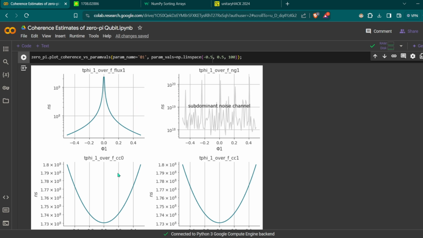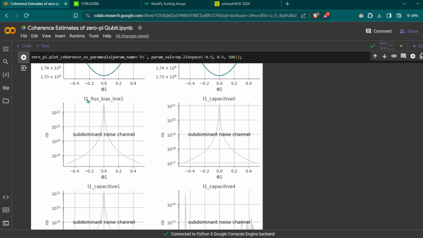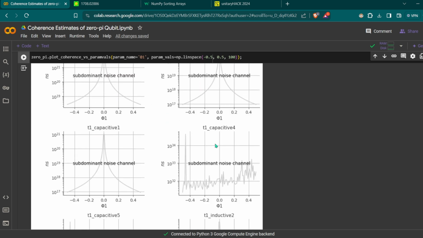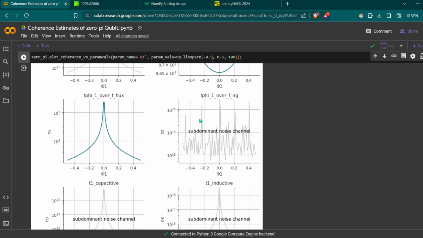In this case we have all of these: d5 1 over f flux, d5 1 over f ng, which is the charge noise, and then we also have FCC, which is the critical current noise, and all these required channels such as the capacitive. Also we have the inductive channels, but they are labeled as subdominant noise channels because they don't contribute much to the coherence effects of our qubit.